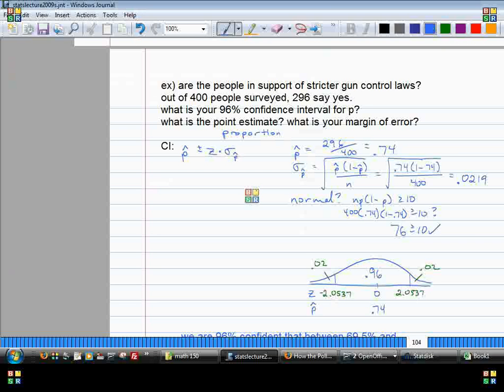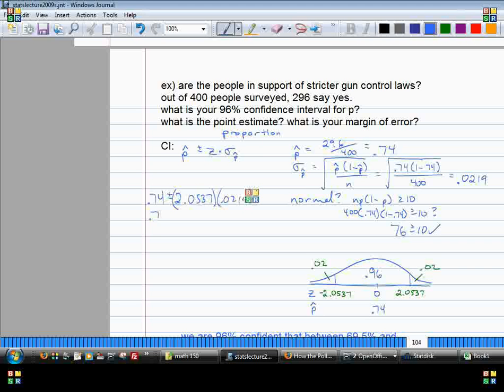So the confidence interval is 0.74 plus or minus z. Well, z-score is 2.0537 times sigma p hat, which is 0.0219.